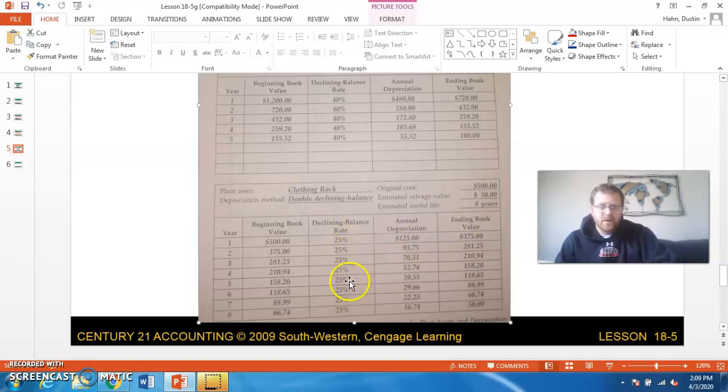To find our percentage, our rate, take 125 divided by 500, and that equals 0.25, which is also 25%. As you work your way down, you get 66.74. Take that 66.74 minus 50, and that's where that 16.74 comes into play. Now your ending book value for this one is 50, and that's also your salvage value.